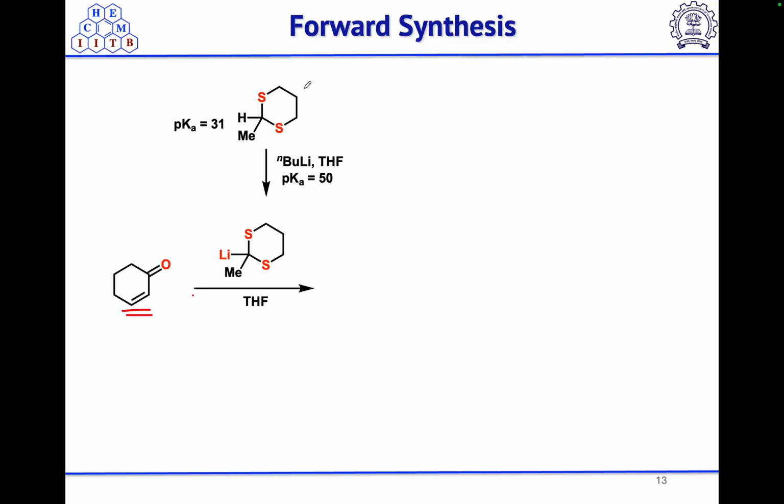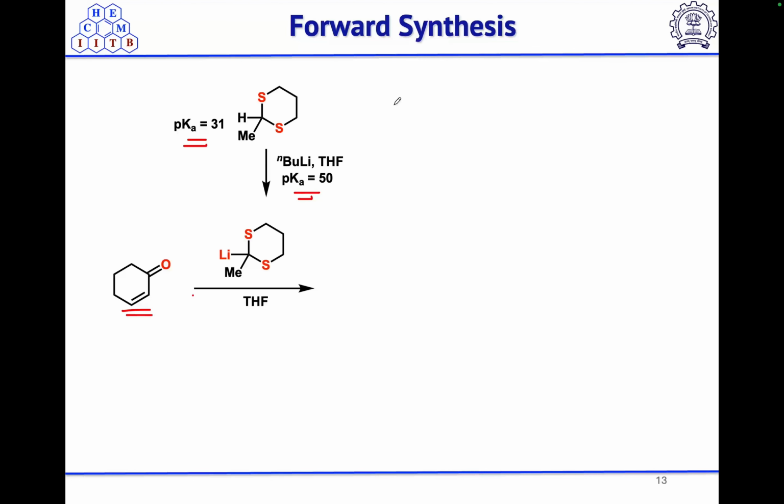We can generate it from this 1,3-dithiane species, and we already know the pK value of this proton is 31. I have already shown you. So we have to take a stronger base, having pK value more than 31. Okay, so we can think about n-butyllithium, which has pK 50.